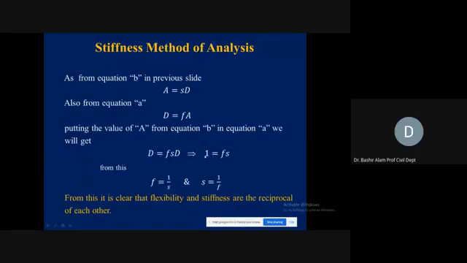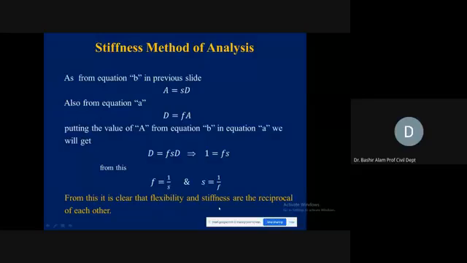So 1 is equal to FS, or from here F is equal to 1 over S, or S is equal to 1 over F. So what is the conclusion from here? It is clear that flexibility and stiffness are the reciprocal of each other.